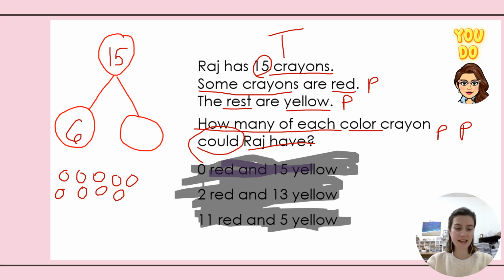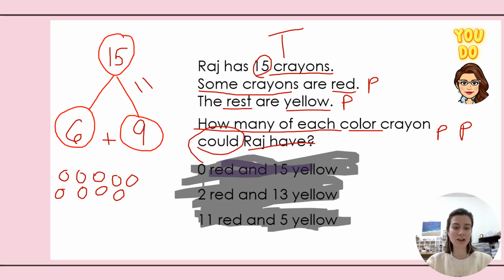How many times did I count on from 6 up until I reached 15? 1, 2, 3, 4, 5, 6, 7, 8, 9. Okay? Which means my other part is 9. I know this is true because 6 plus 9 equals 15. So that could be one of my answers.